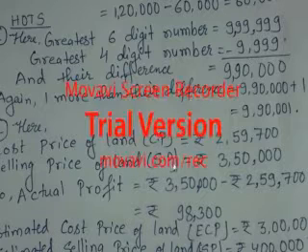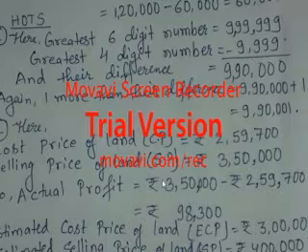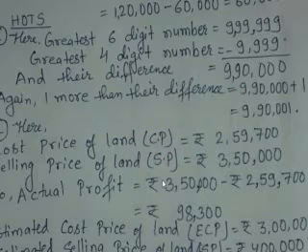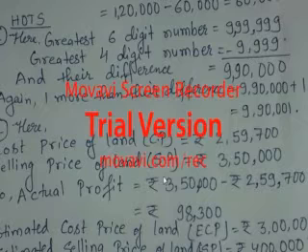Here I had not written, you can write it. If selling price is bigger, then there becomes profit. When we buy at low cost and sell it at high cost, then there is profit. So when selling price is bigger, then profit becomes selling price minus cost price. So here we had subtracted SP minus CP. I had not written, you can write it by yourself also, SP minus CP.